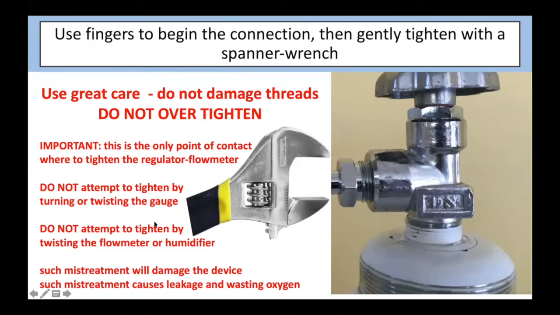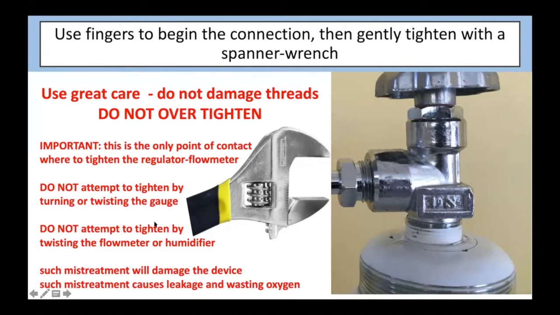And I cannot emphasize this enough. Use great care. Do not damage the threads. Do not over tighten. It's important because this is the only point of contact where you tighten the regulator and flow meter. Only here. I see sometimes people try to tighten the flow meter some other ways. Do not attempt to tighten by turning or twisting the gauge.